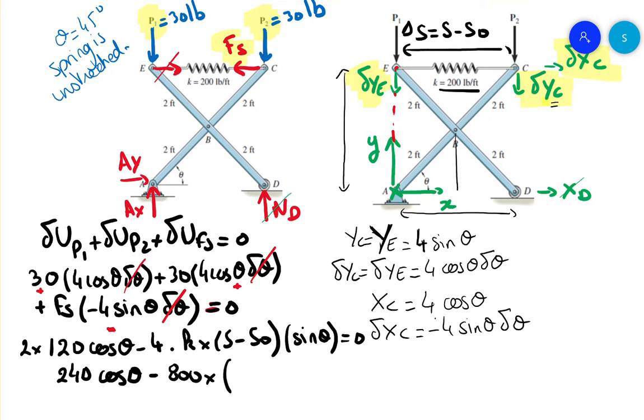How much was the S? It was given that the spring is unstretched when theta equals 45 degrees. That's now that we need this information.